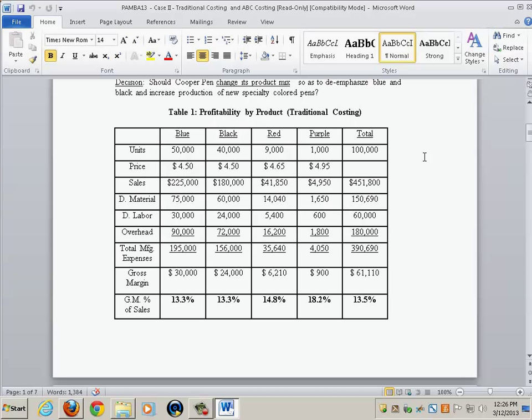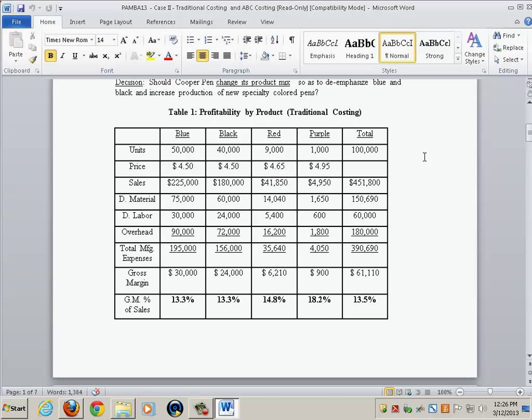They're used interchangeably. So the overhead, or the indirect costs, are allocated here to the products based on a traditional costing method, which we are going to specify in a moment.